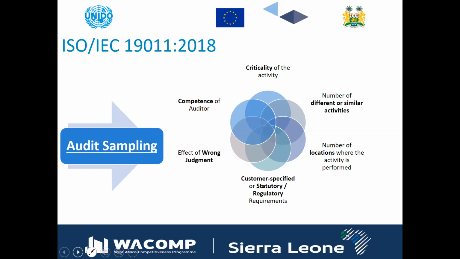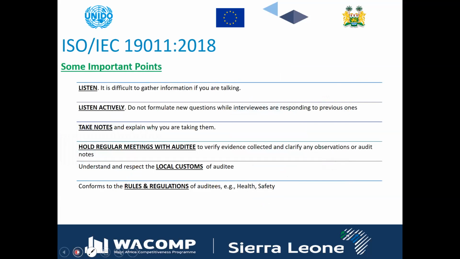You have to do sampling, and at least you have to check more than 60% of departments. But sampling is a technique. How to do the sampling? It basically depends upon the lead auditor's expertise and his audit team. But definitely you have to do the sampling, because in these audit days you cannot go around all the processes and all the things of the company.